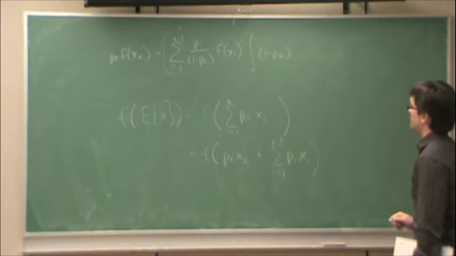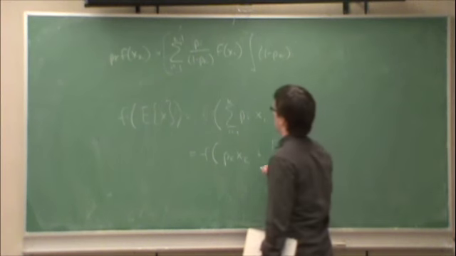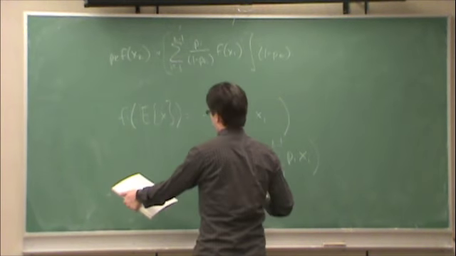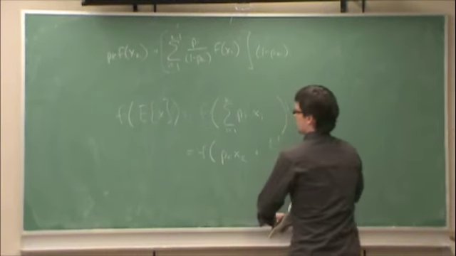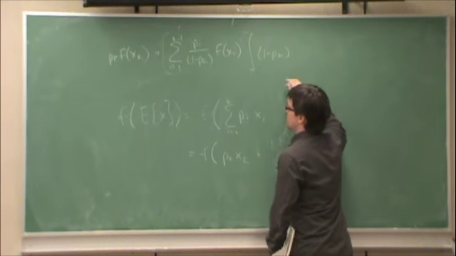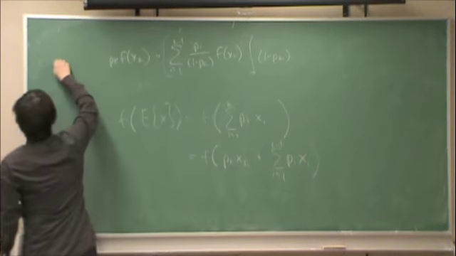Like so. Okay, so how do we put this together? We start from here. Let me write this one down over here. So this is the expected value of f of x.